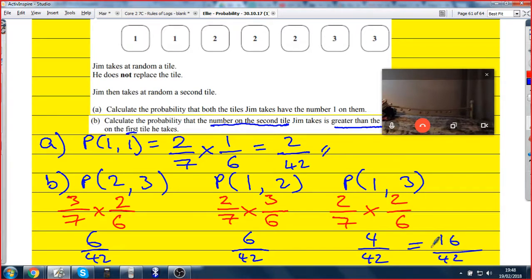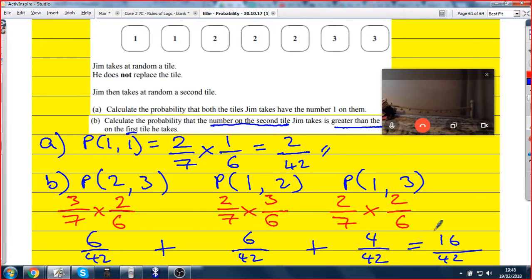16 over 42. What is the probability of you take 2 cards and the second is bigger than the first? Well, forget probability. The possibilities are 2 then 3, 1 then 2, or 1 then 3. Probability of 2 then 3 is 6 chances. Second one 6 chances. Third one 4 chances.